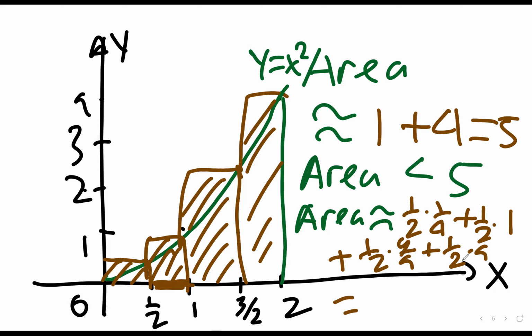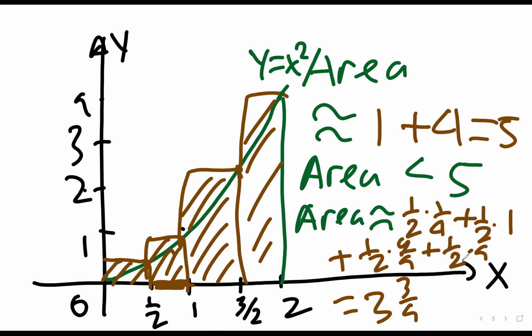If you calculate it, what is the result? 1/8 plus half plus 9/8 plus 2. So that will be 3 and 3/4, right? Can you calculate it?